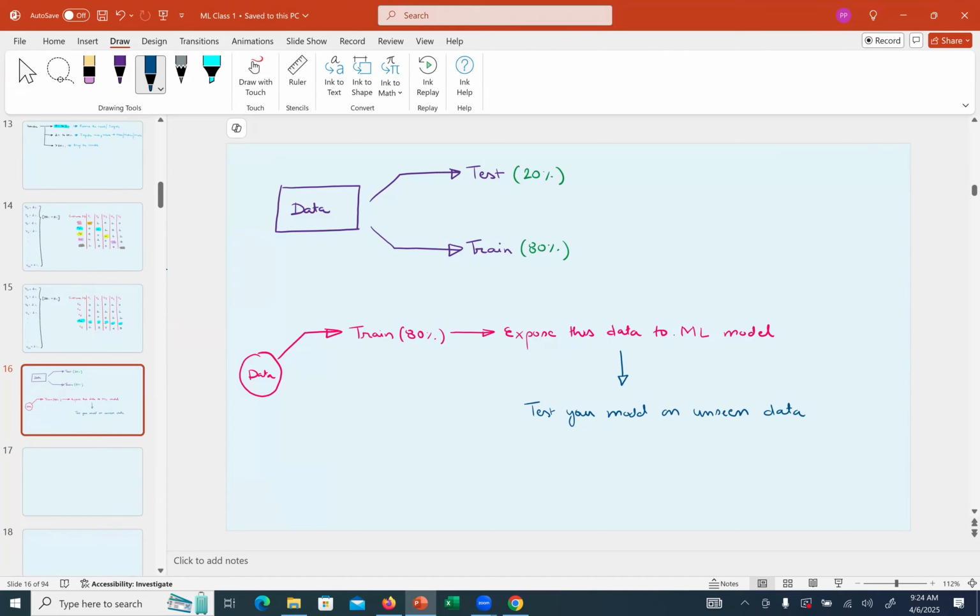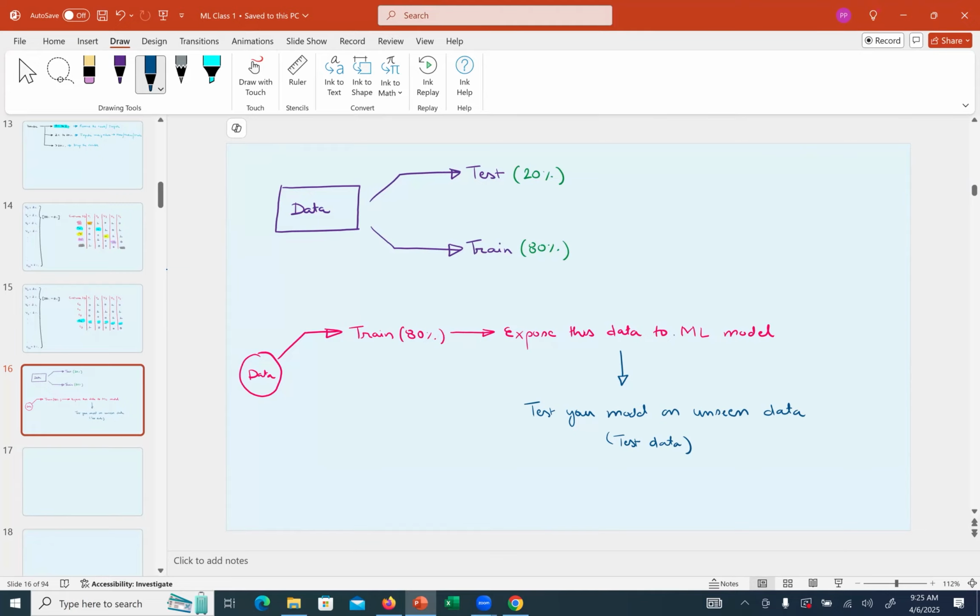Unseen data is nothing but your test data. This is something that your model has not seen before. If I ask my model a question which it has not seen before, what is going to be the performance of the model on that data set? Because that is the true accuracy of the model.